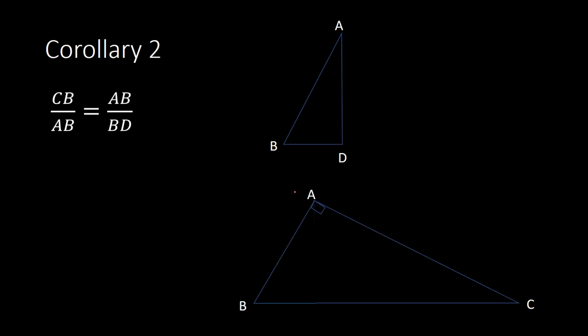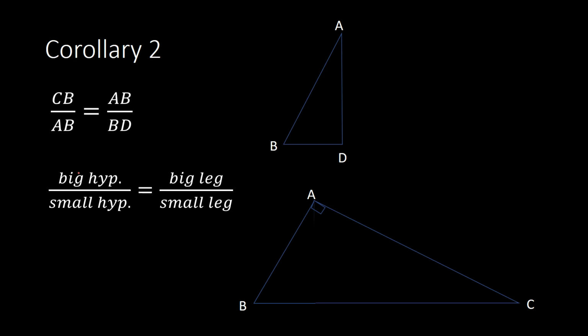So here we have redrawn the big triangle, and then we have the triangle on the left. Another way we can think of this proportion is that we can take the big triangle's hypotenuse, divide that by the small triangle's hypotenuse. That will equal the big triangle's leg divided by the small triangle's leg.